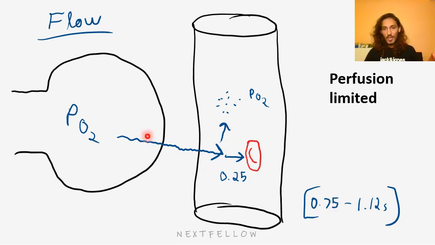That means it's not coming to your partial pressure much, so there's no equilibration. It can keep on coming. So here the limiting factor is not how much blood is flowing. Here the limiting factor is how much it can diffuse through this tissue. That is why it is diffusion limited. This is the simple concept of what is perfusion limited and what is diffusion limited.